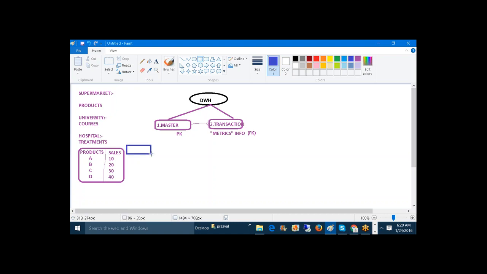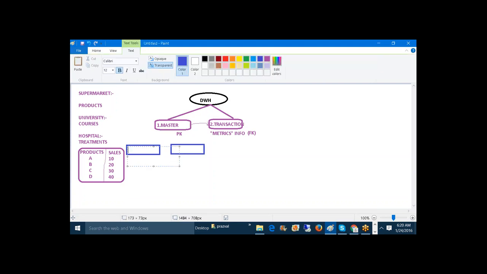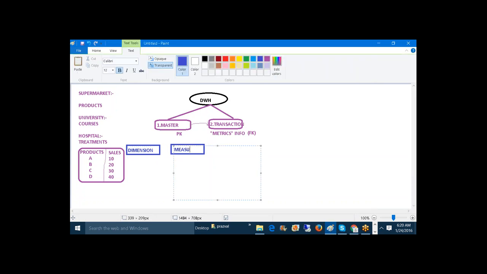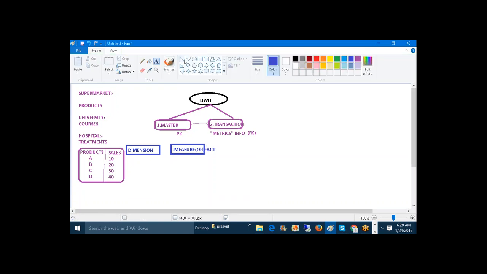The chance of using master as a dimension or measure: a measure is also known as a fact. The synonym for measure is fact. The chance of using master as a dimension is 99%.